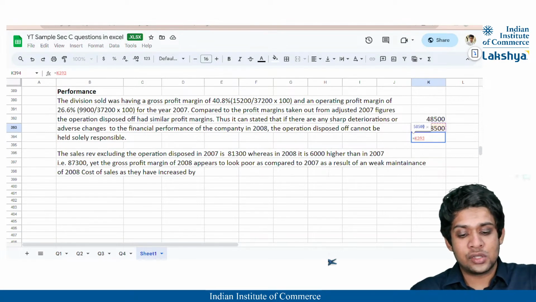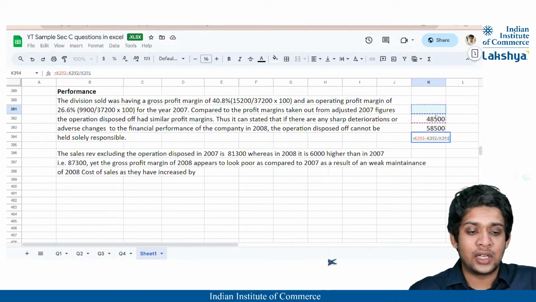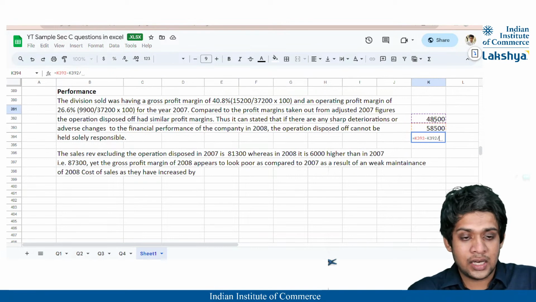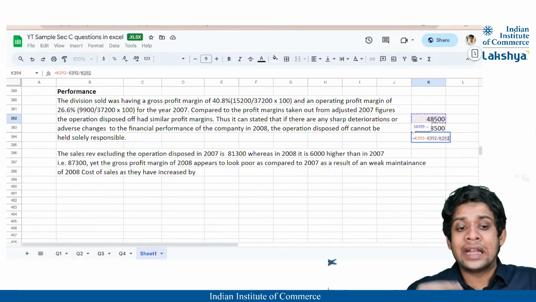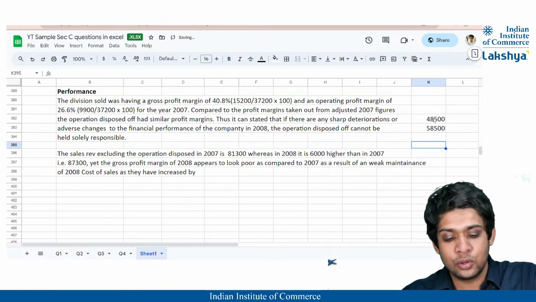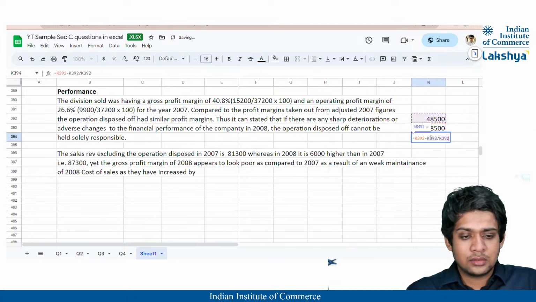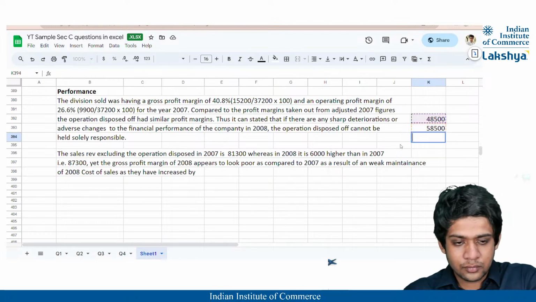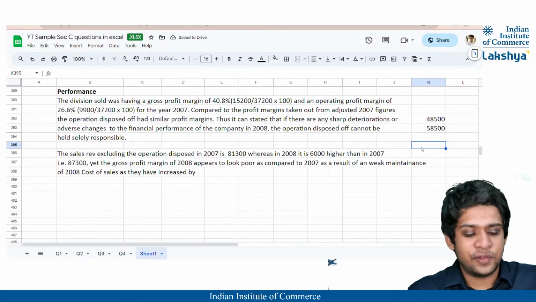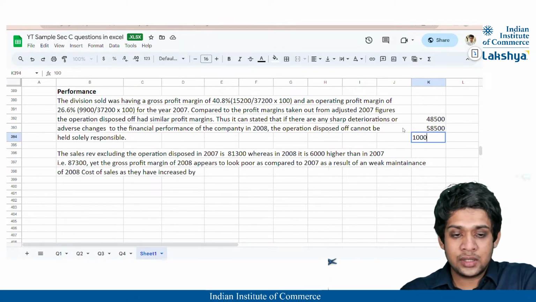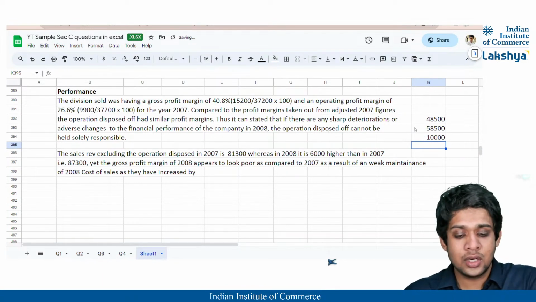So you will take 58,500 minus 48,500, that is the difference between the two, and divide it by 48,500, right? So you will get it in percentage, into 100 if you do. Okay, let me just check. Firstly, the difference is 10,000, so I'll do 10,000 divided by 48,500.